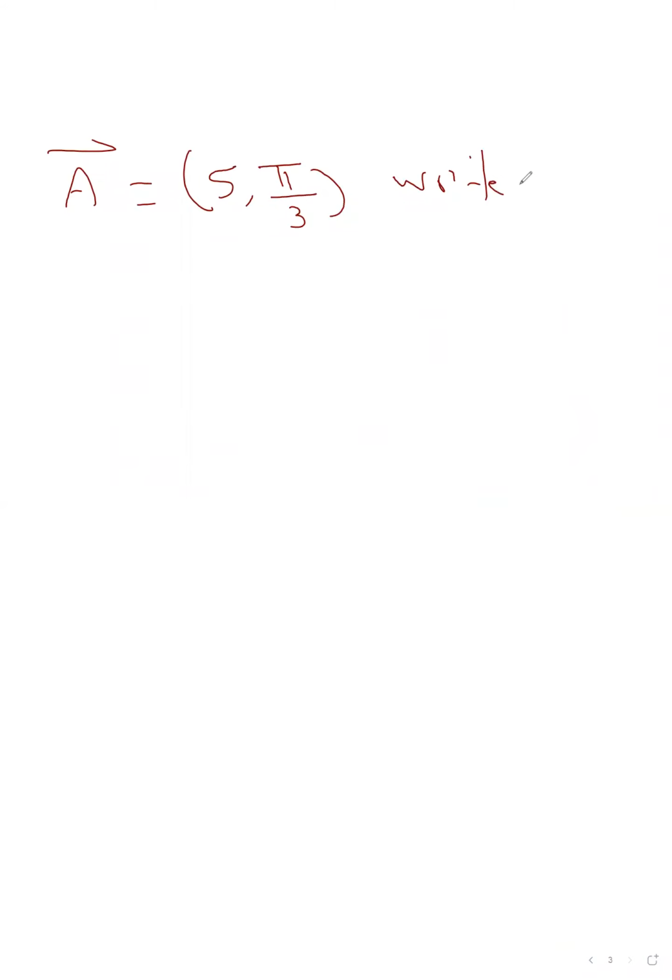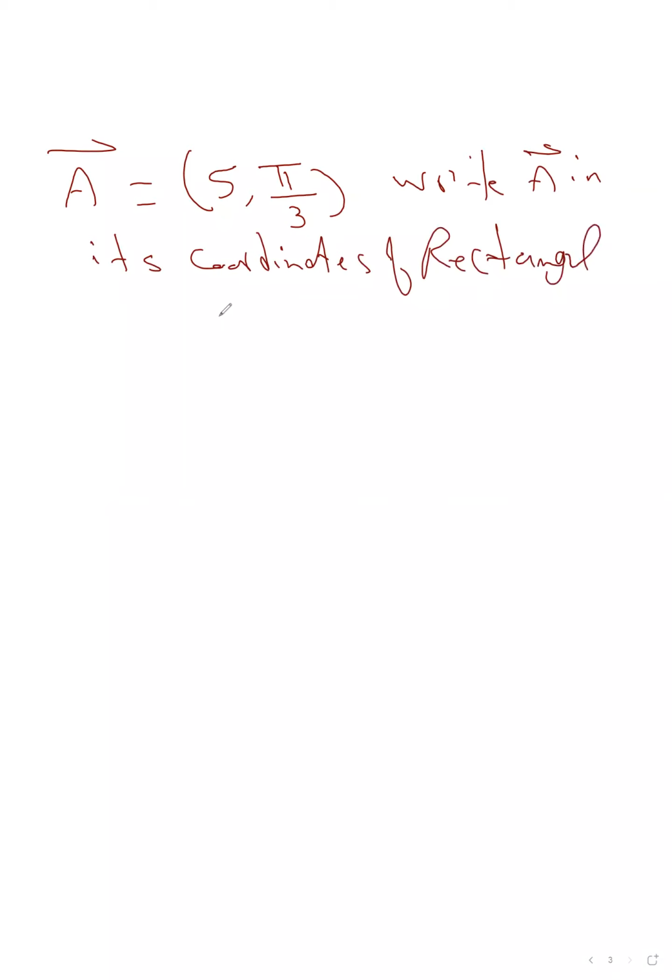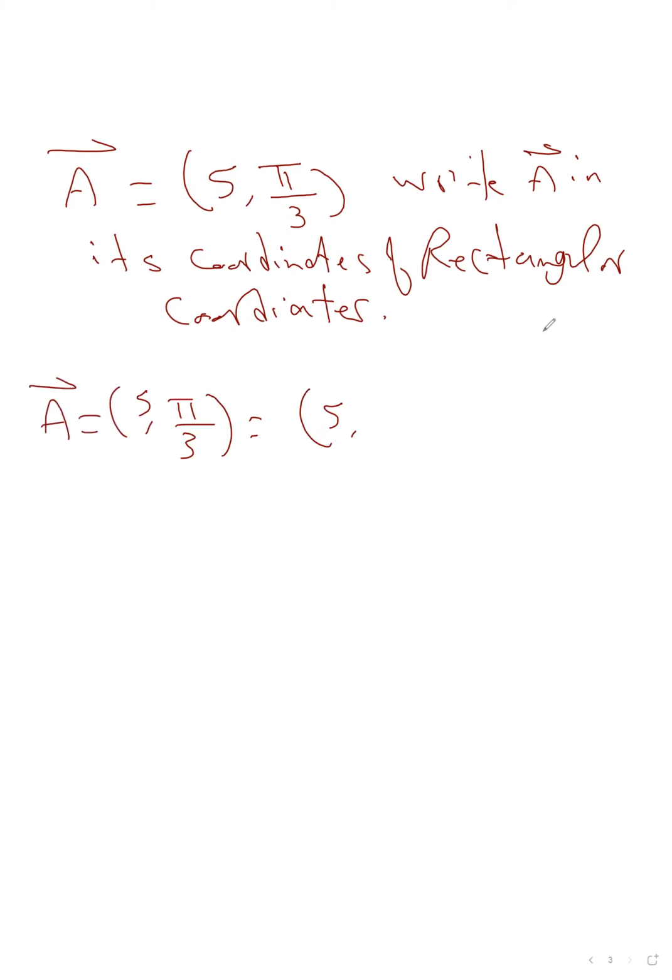Write vector A in rectangular coordinates. This vector A means 5 and pi over 3, where pi is 180, so vector A is 5 at 60 degrees. This means the vector is 5 with an angle of 60 degrees with the x axis, these are x and y.